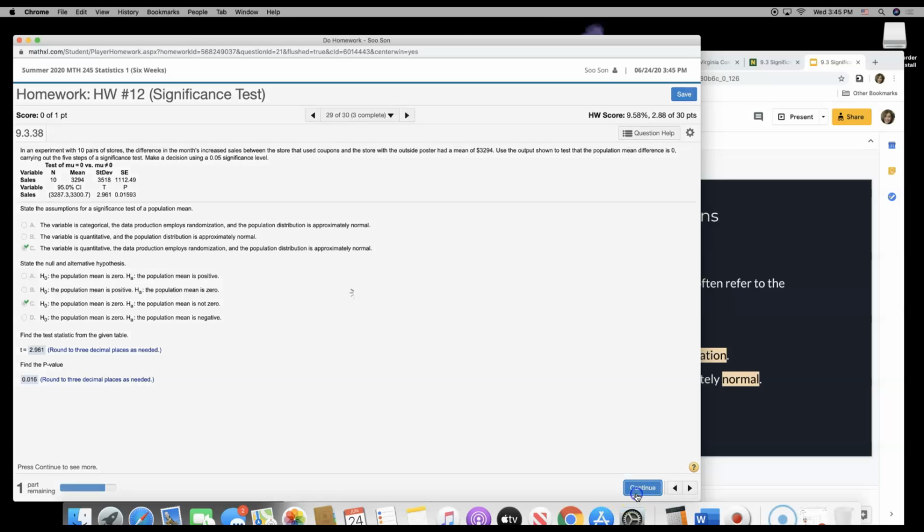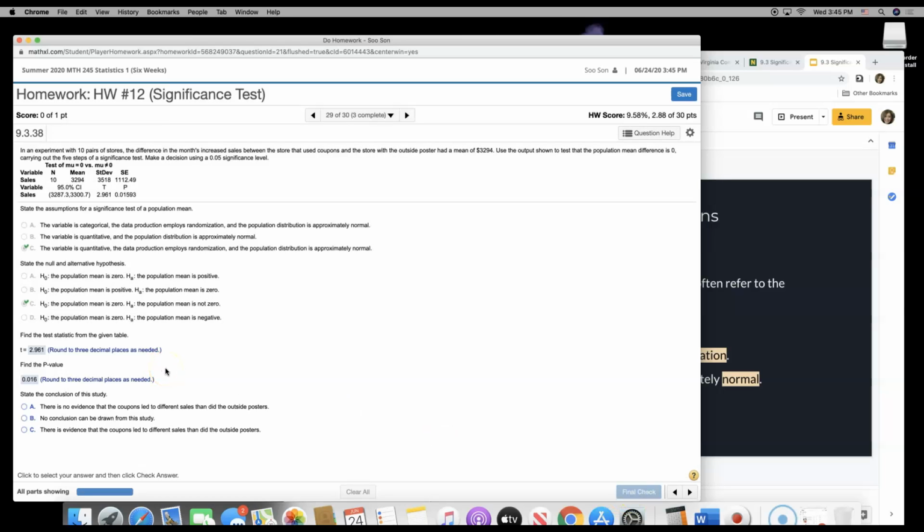So I want to continue and now finally make that conclusion, right? With a small p-value like this, which is smaller than 0.05, we do have strong evidence against the null hypothesis. So there is evidence that the coupon led to different sales than did the outside poster. So this kind of fits with what we talked about, comparing two different groups.